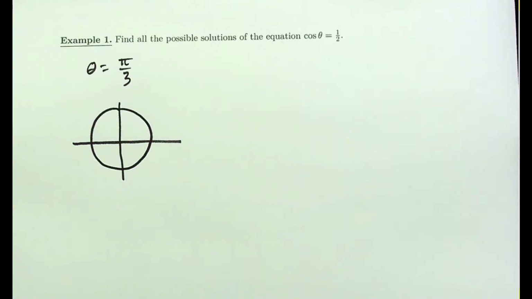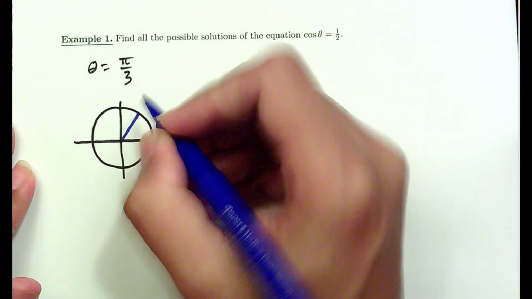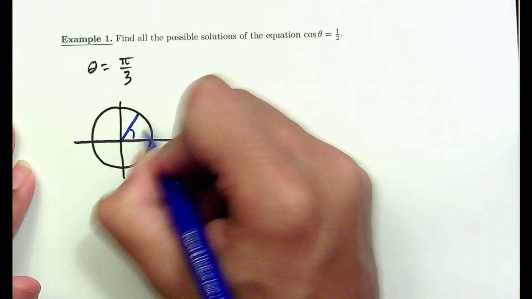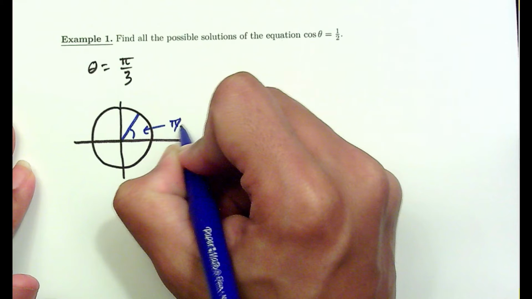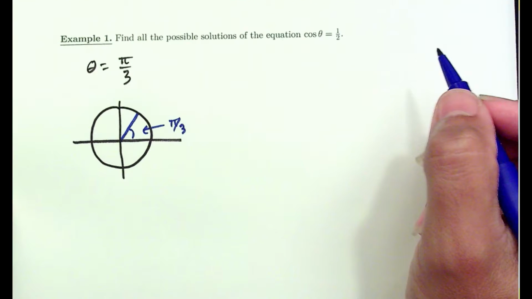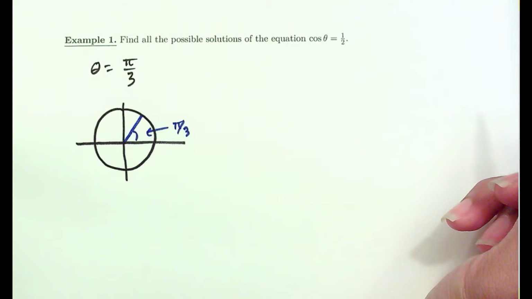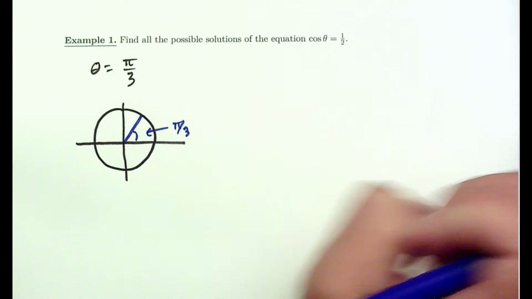Okay, and we have one solution right here. Right, this is pi over 3. The cosine of that angle is 1/2. Now, what is another angle in the unit circle that has the same cosine?